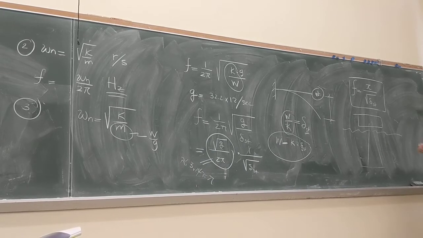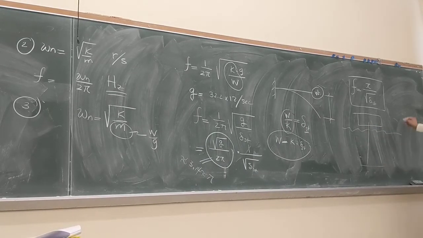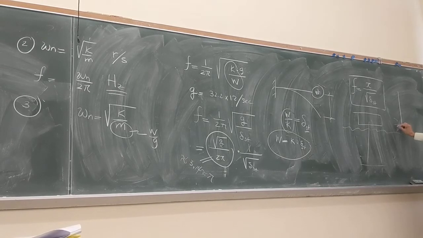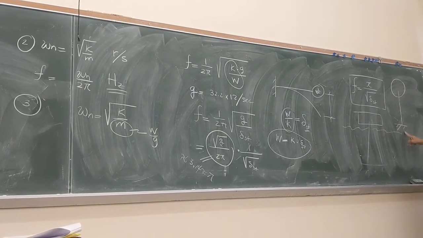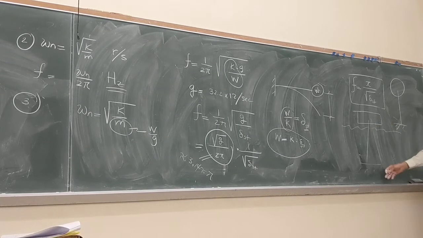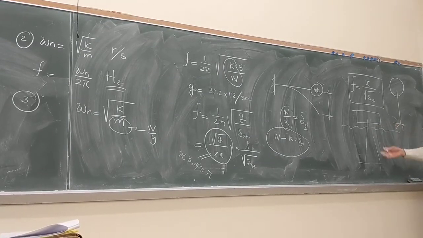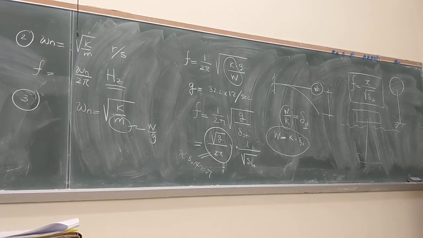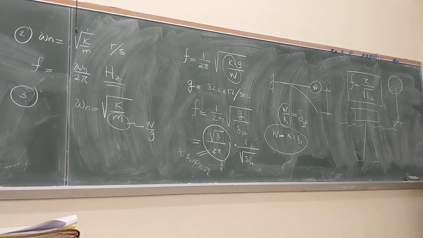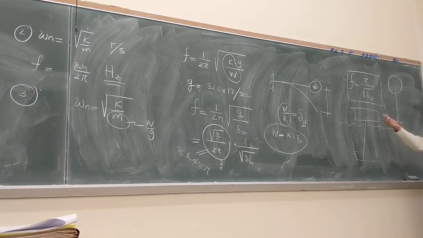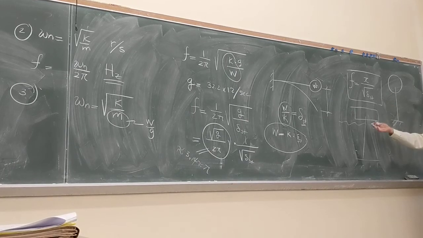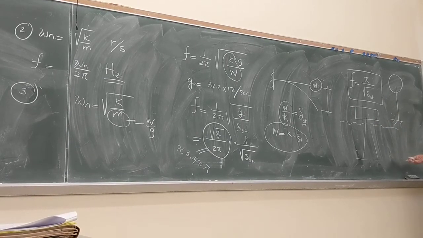But I said, I'm going to charge you peanuts, because you look at this, it's almost like a cantilever beam. If you know the stiffness of this column, which is not difficult, you have had strength of materials, 3EI over L cubed. You need the modulus of elasticity and the moment of inertia, and that's it.